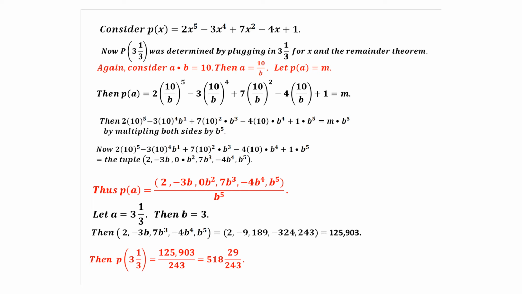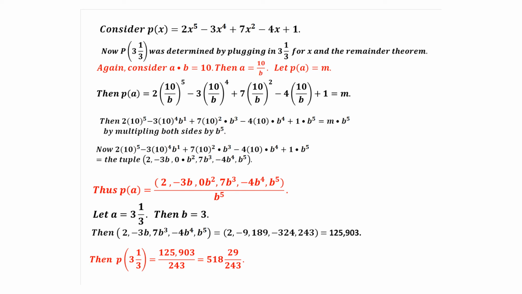And then we take notice that the term 2 times 10 to the 5th minus the next term 3, 10 to the 4th times b to the 1st plus 7 times 10 squared times b cubed minus 4 times 10 times b to the 4th plus 10 to the 0, which is 1, times b to the 5th.